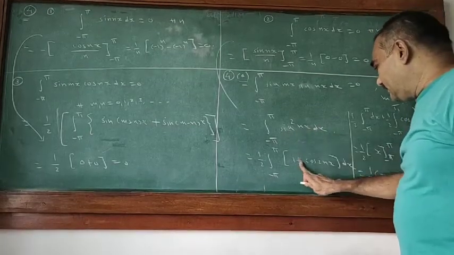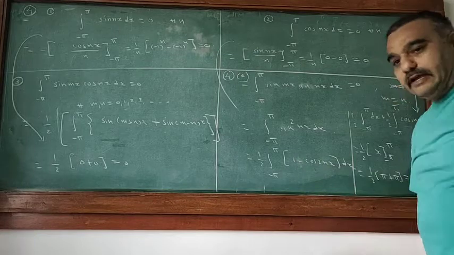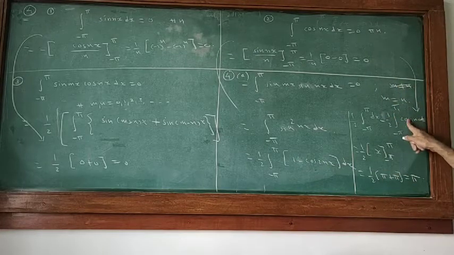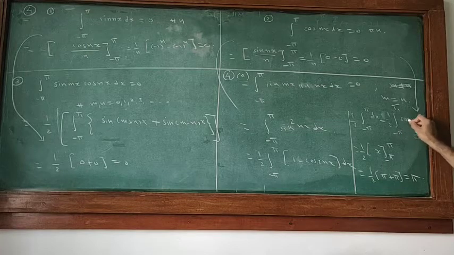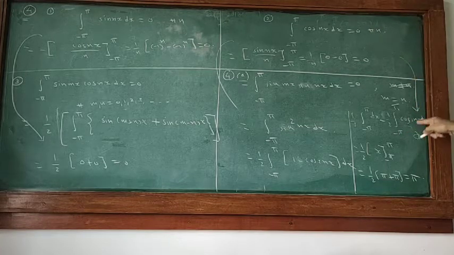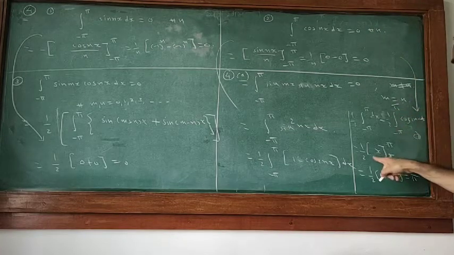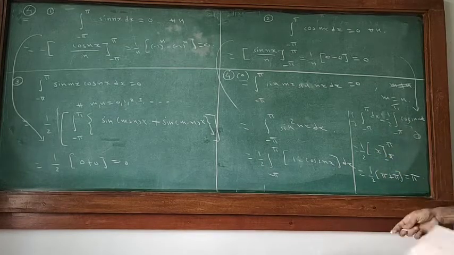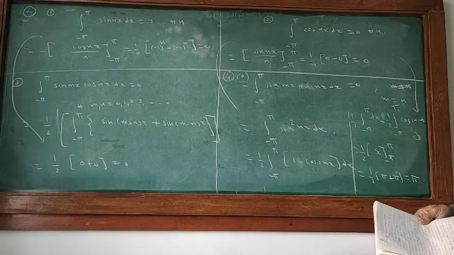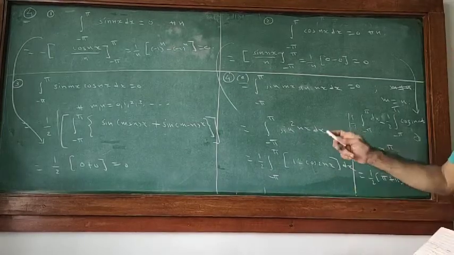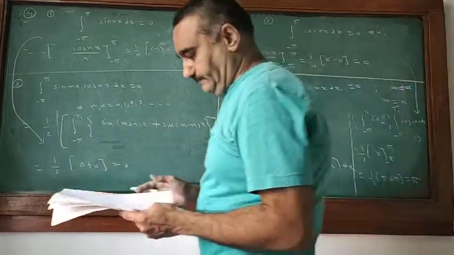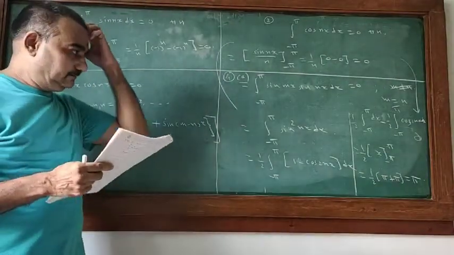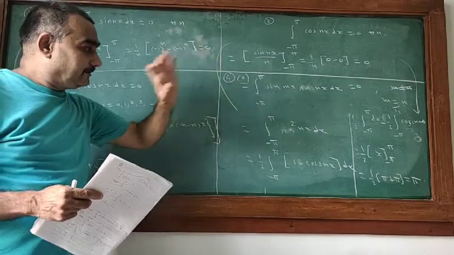At that time there is a minus, and here it is cos 2nx. But again by this formula this value is 0. So again we have 1 by 2 x from minus pi to pi, and therefore again we have the same answer, it is pi. And this is 5a. This is 5b.